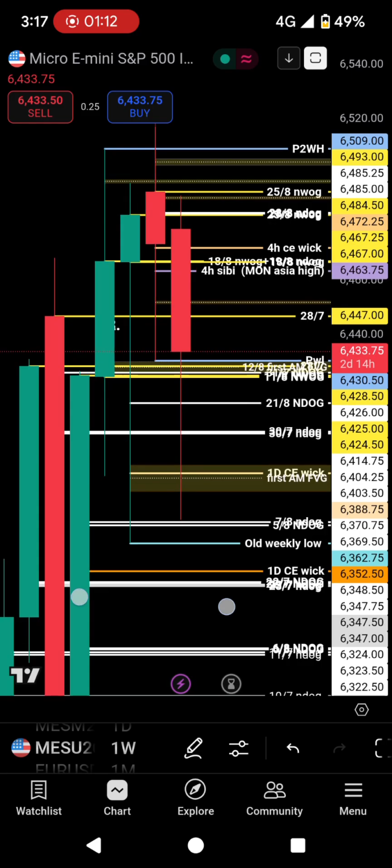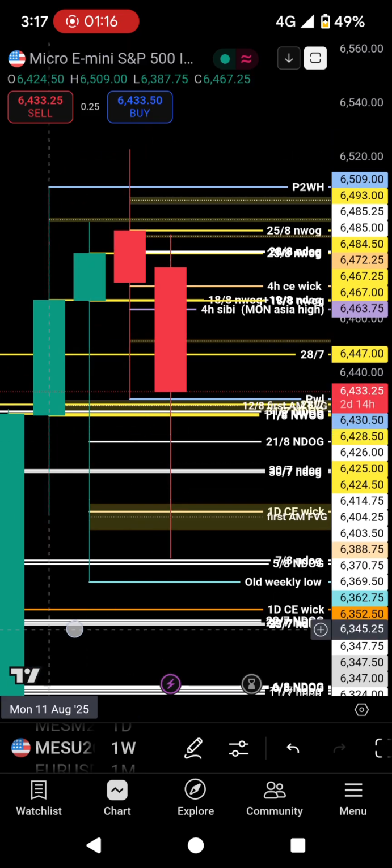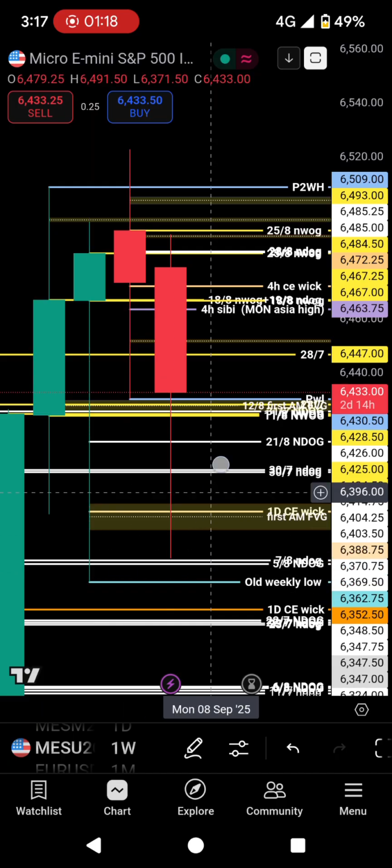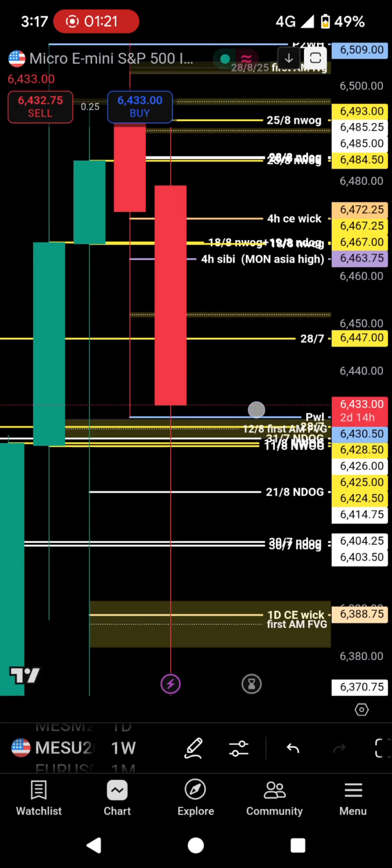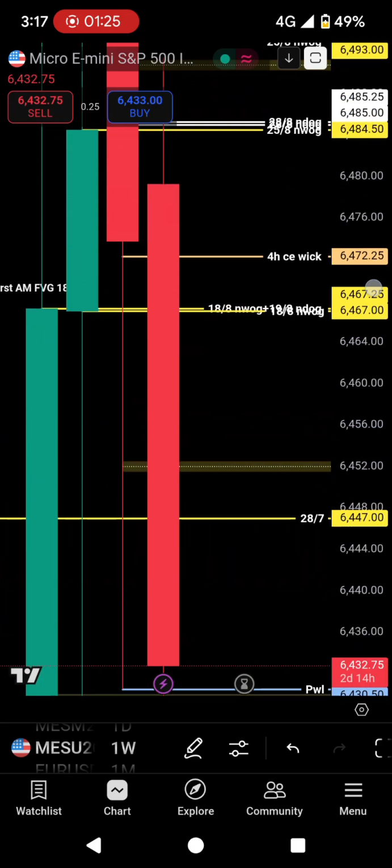So we cleared the previous week low here, fell short of this old weekly low. Now we are back above the previous week low, and yeah, do all this.